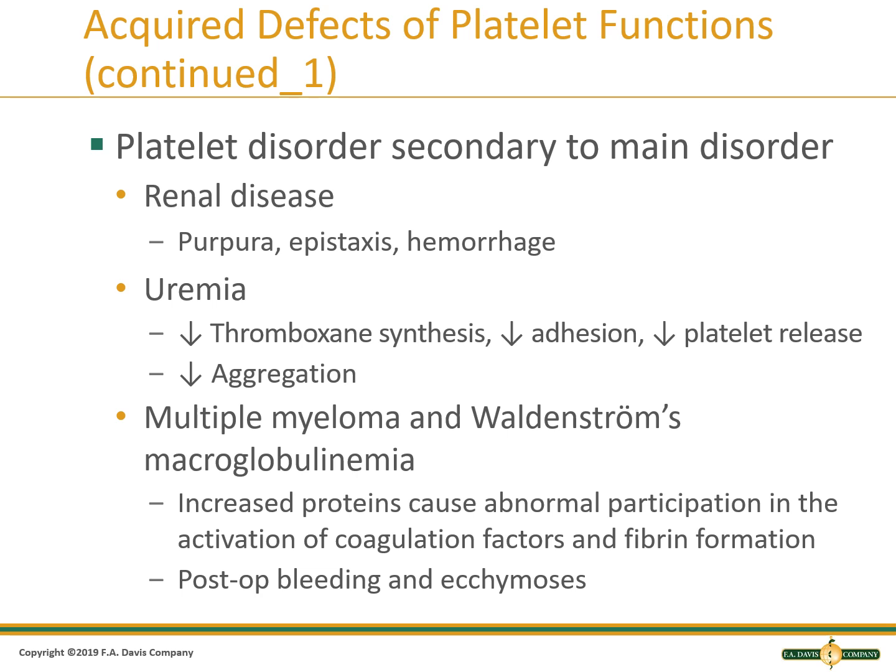Multiple myeloma and Waldenstrom's macroglobulinemia, where you have increased proteins that cause abnormal participation in the activation of coagulation factors and fibrin formation. You might also see post-op bleeding and ecchymoses.